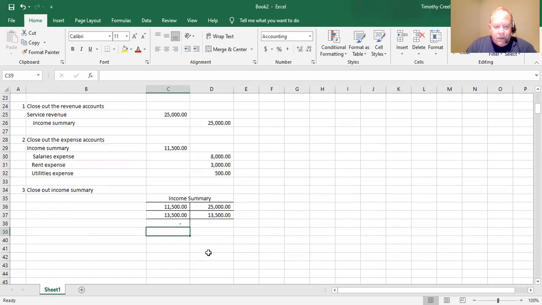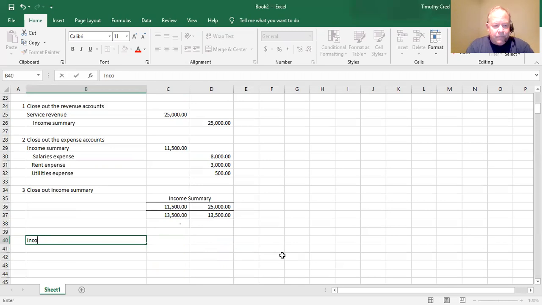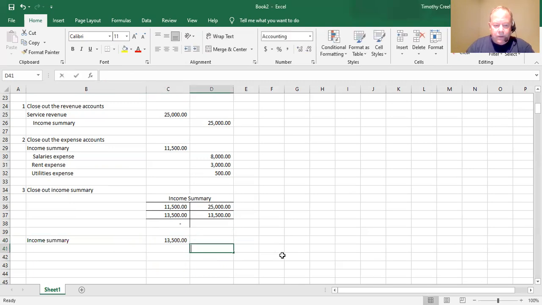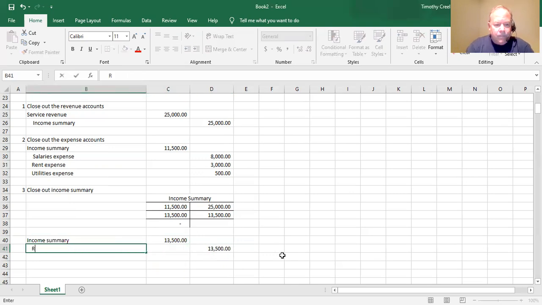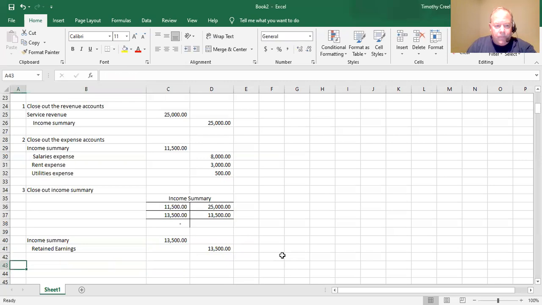So what we would do here is debit income summary for $13,500, and we would credit retained earnings for $13,500. So now we've closed out income summary to retained earnings.